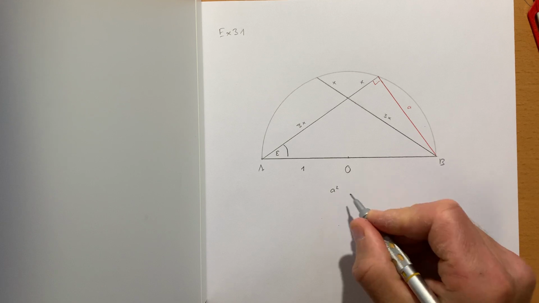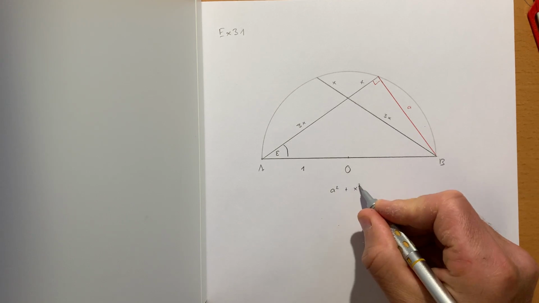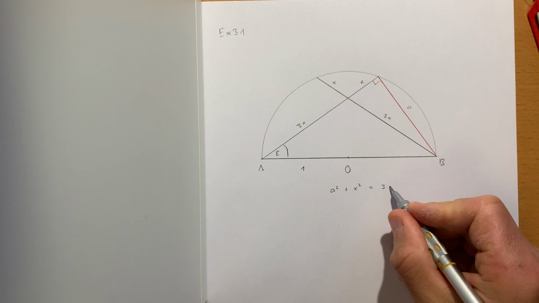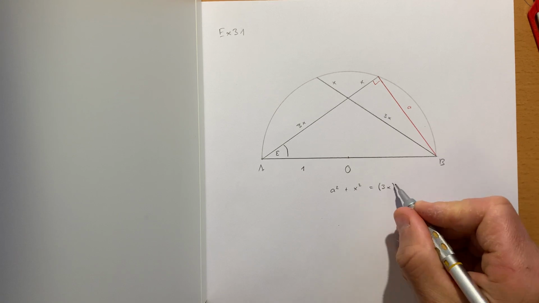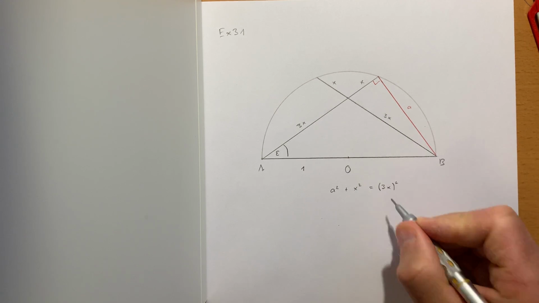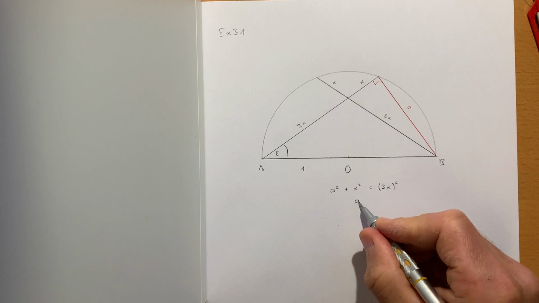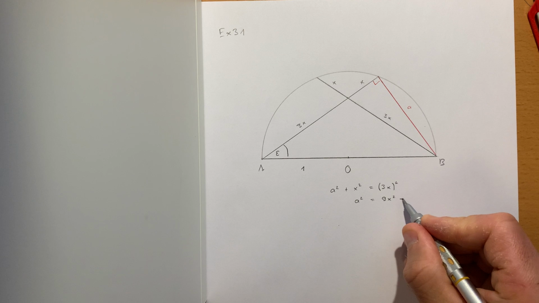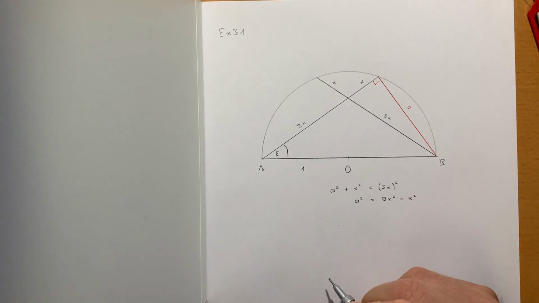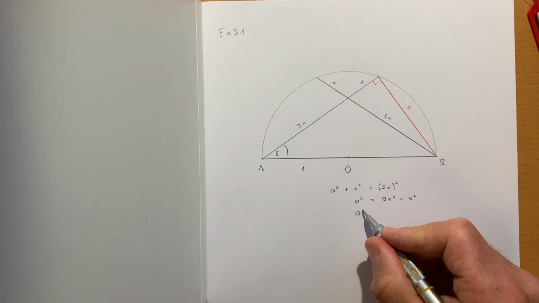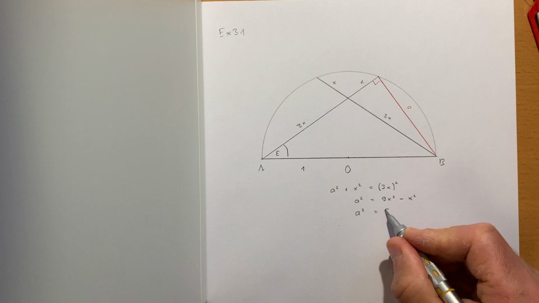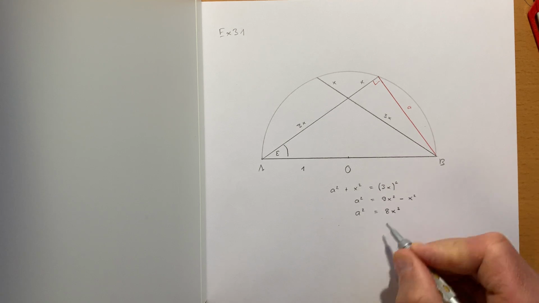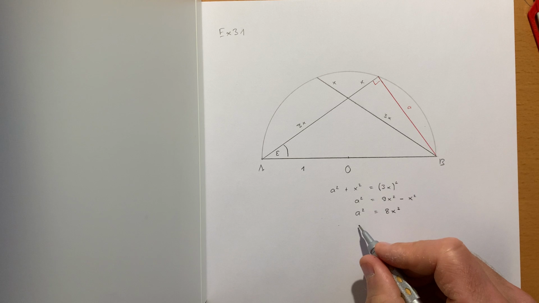A squared plus x squared is (3x) squared. Don't forget these brackets. So that's A squared is 9x squared minus x squared. So A squared is 8x squared. Now you take the square root.